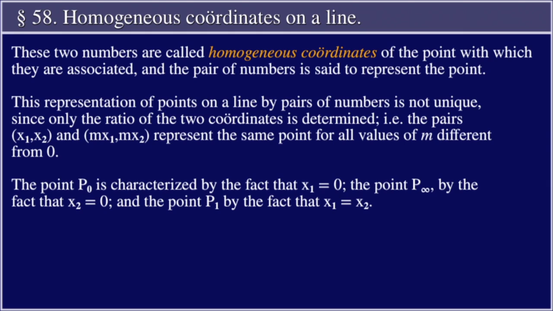This representation of points on a line by pairs of numbers is not unique, since only the ratio of the two coordinates is determined, i.e., the pairs x1, x2 and m x1, m x2 represent the same point for all values of m different from 0. The point P0 is characterized by the fact that x1 is equal to 0, the point P infinity by the fact that x2 is equal to 0, and the point P1 by the fact that x1 is equal to x2.